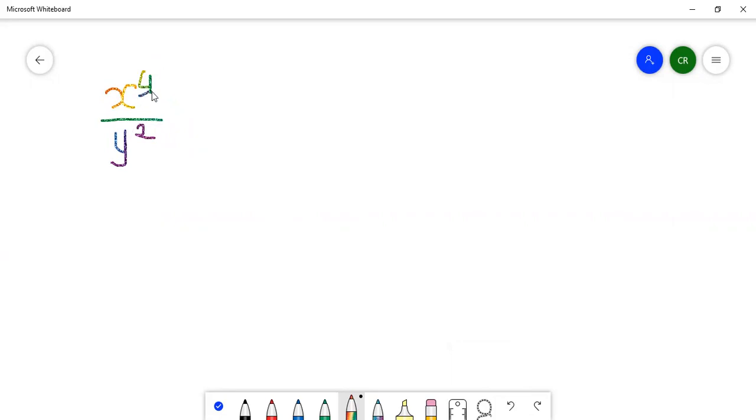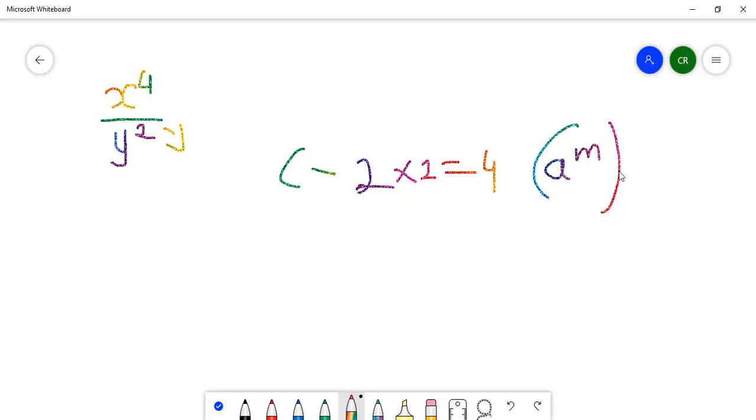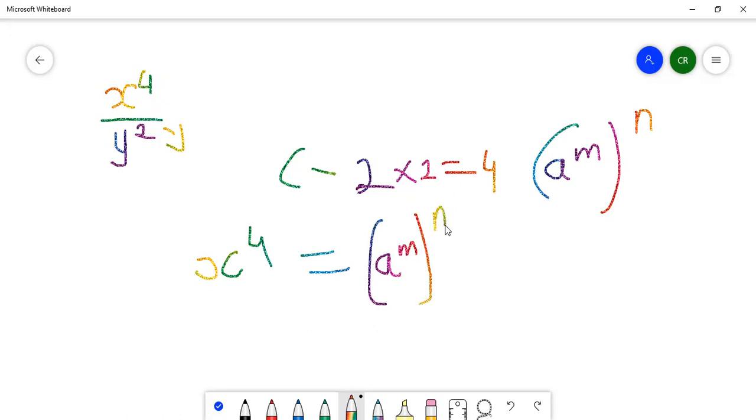Now 4, how can you simplify 4? How can you break it? 2 into 2. 2 into 2 is 4. Here 2 is the exponent and here also 2. As we did in the law of a to the power m whole raised to n, we will convert this x to the power 4 in the form of a to the power m raised to n.